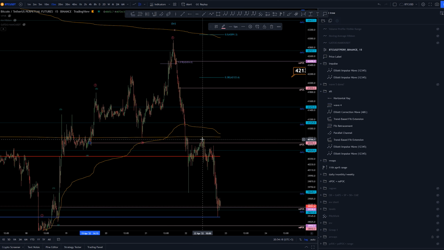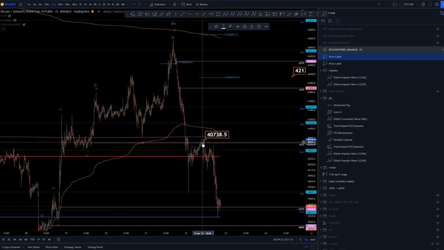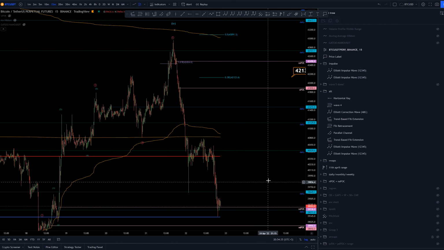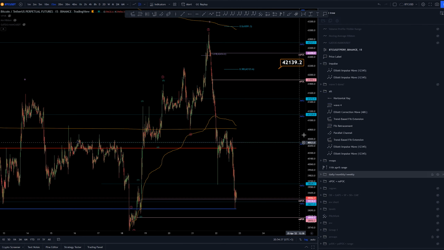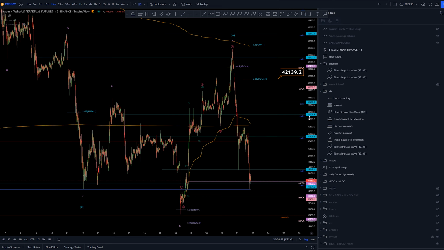At around this area, where we were coming back for another retest of that same level, we actually rejected. Instead of the small support we had here, we backtested that and started heading down more, which is really typical for these levels of retests.